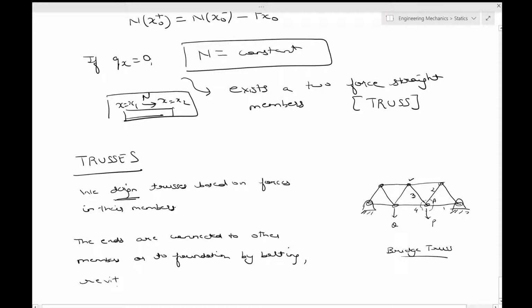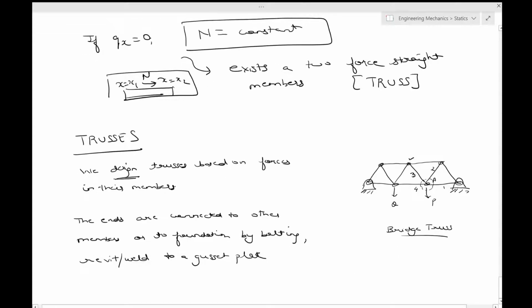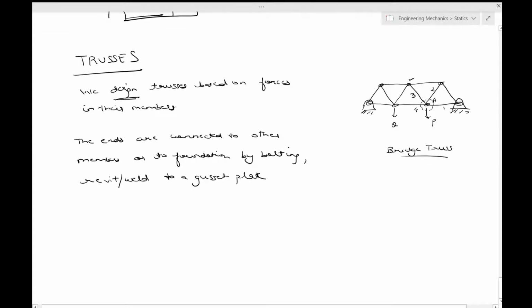These are permanent joints, rivet or weld, to a gusset plate. So this is how the plate looks like.